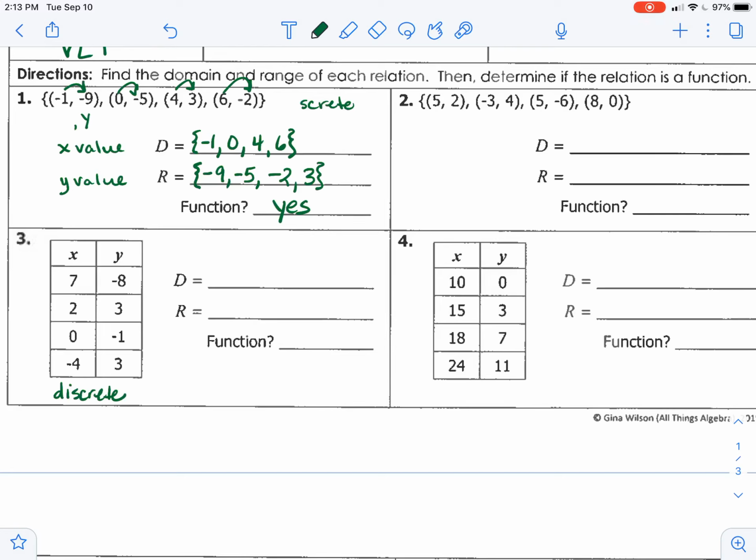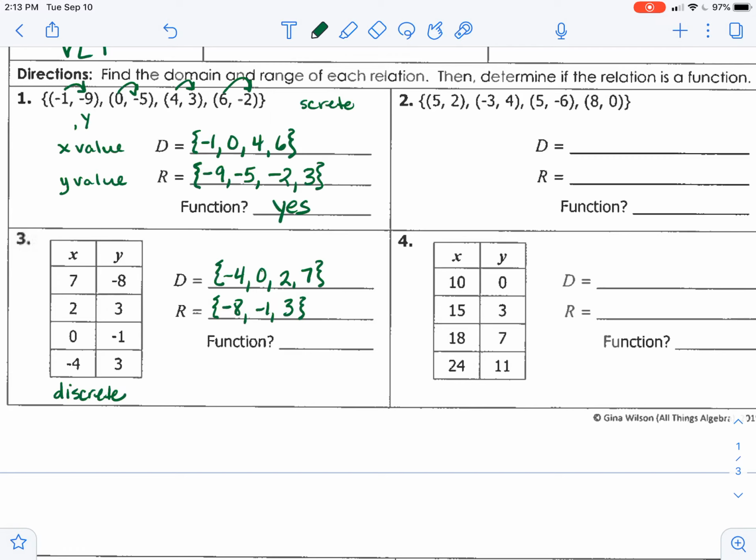My domain is my x, okay? And I'm going to start at the bottom with the smallest, so -4, 0, 2, 7. And then I'm going to do my y's. Again, I'm going to go smallest, so that would be -8, -1, and 3.